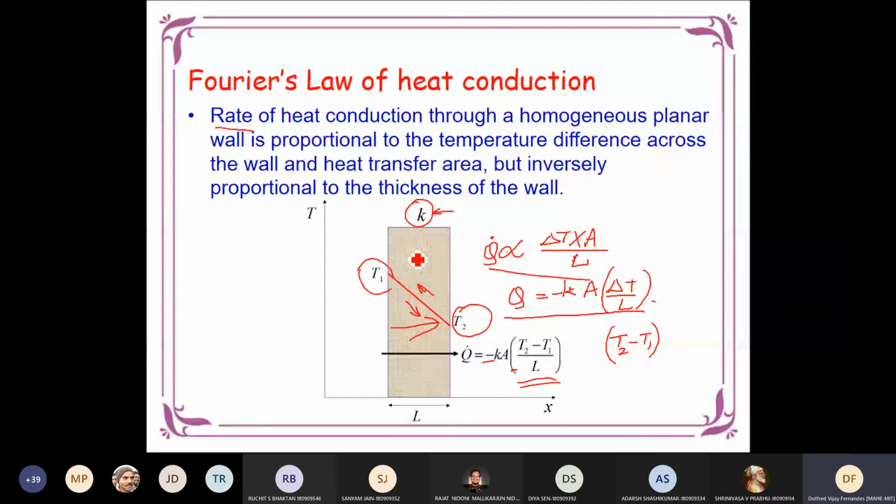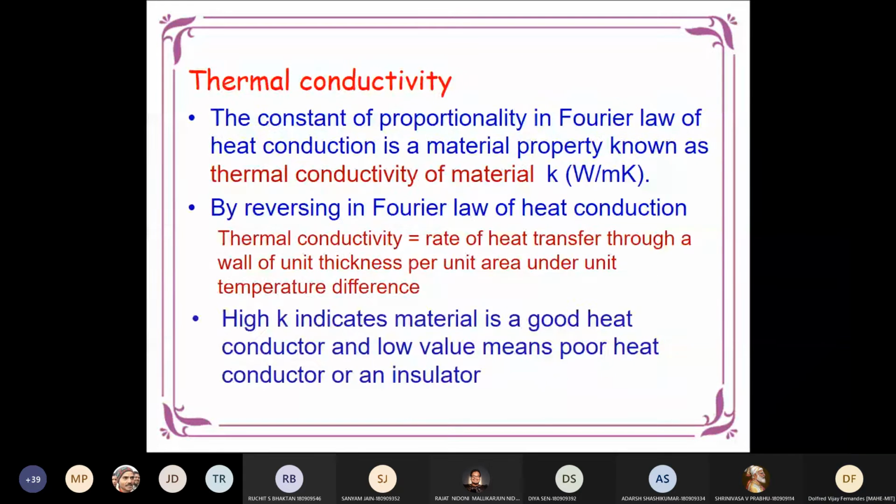So he found that thermal conductivity is the property of the material that gives the estimate of heat transfer through it. The constant of proportionality in the Fourier law is the thermal conductivity of the material, and its unit is watt per meter Kelvin.